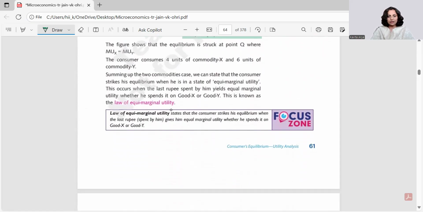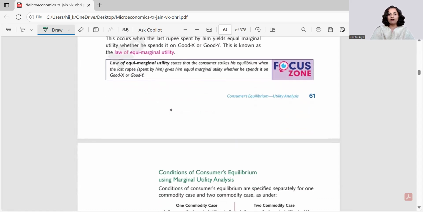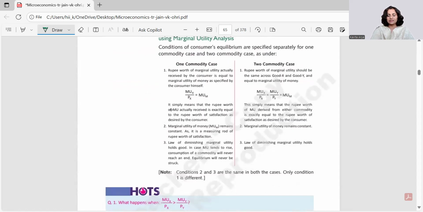I did talk about the law of equimarginal utility when we extend that relationship for more than two commodities. If we simply write MUX by PX is equal to MUY by PY is equal to MUZ by PZ is equal to MUN by PN, that becomes the law of equimarginal utility.